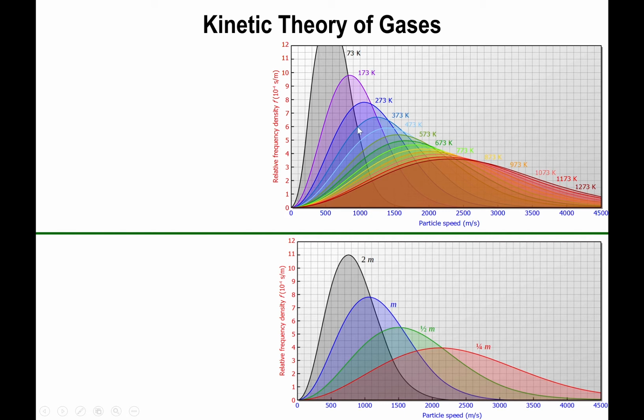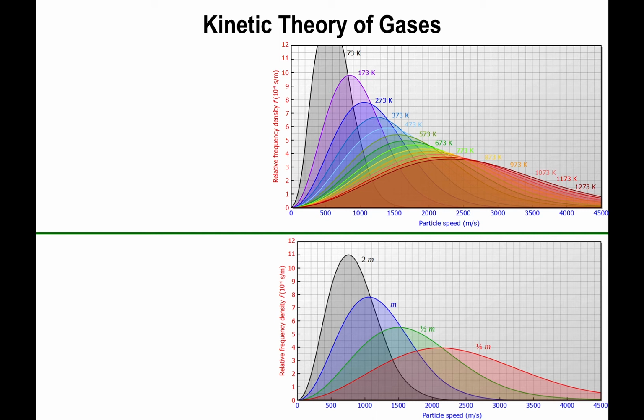Now, the interesting thing is that if you increase the temperature, and you can kind of see that here, you will go from 73 Kelvin to 173 to 273 to 373, the speed of the gases, the average speed, which is the top portion of the bell curve, keeps shifting to higher and higher speeds. But this is the thing.